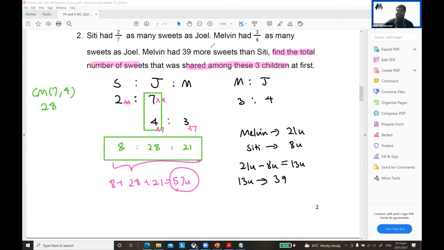So you have to find for 57 units. It's not that hard. So 1 unit is 39 divided by 13, which equals 3. So 57 units is 57 times 3, which equals 171.